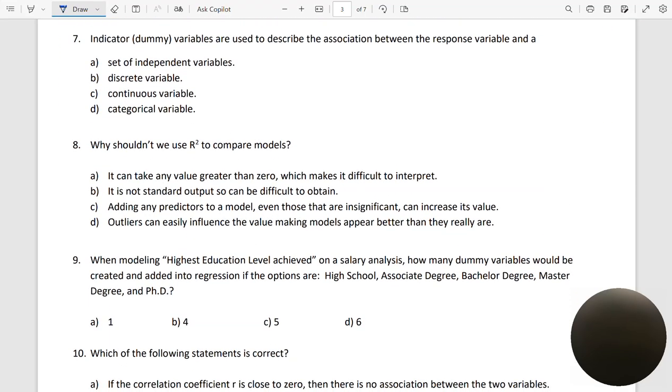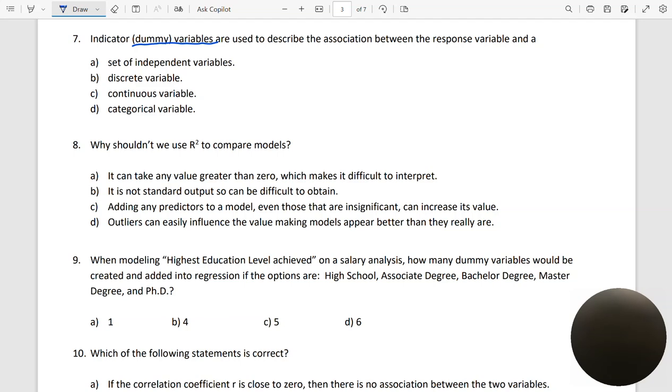Number 7. Right, so indicator or dummy variables are used to describe the association between the response variable and a. So this question is easy, right? So why do we need dummy variables? Because we have a categorical variable and we think this categorical variable will affect the response variable a lot.